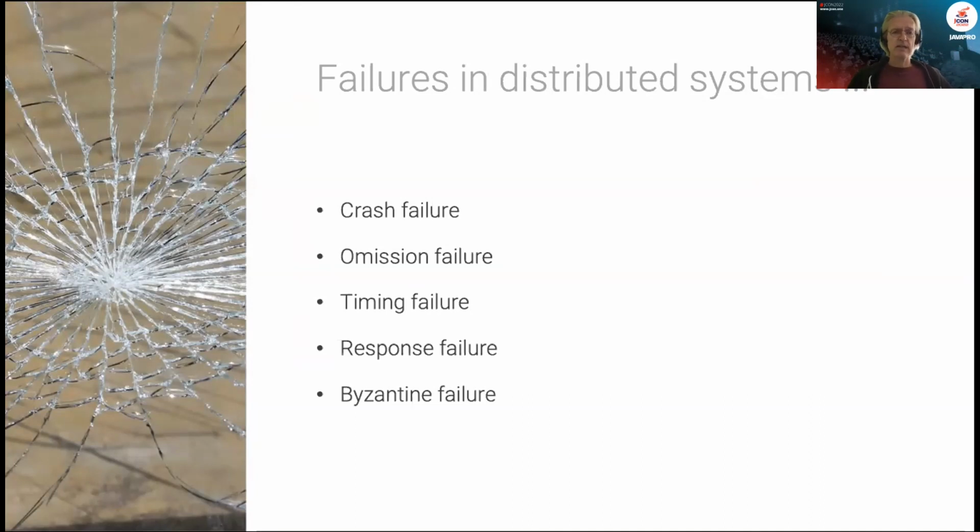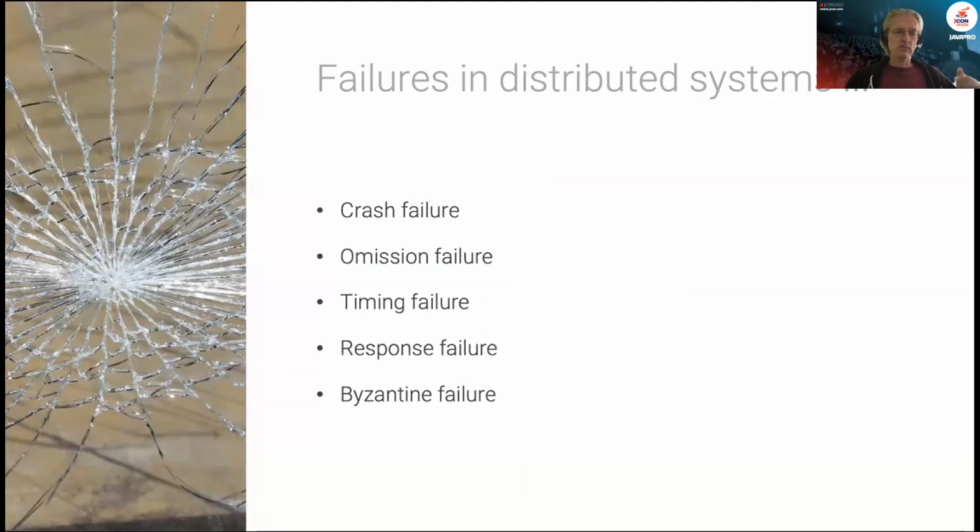And then Byzantine failures: the system went amok. We won't dive any deeper into Byzantine failures in this talk, but that's a specific thing. And most people say, yeah, well, that's okay, basically I got it. But it's quite hard to connect that to your daily work.